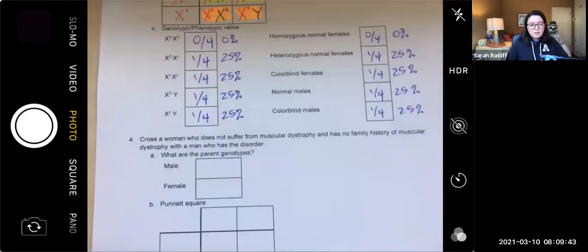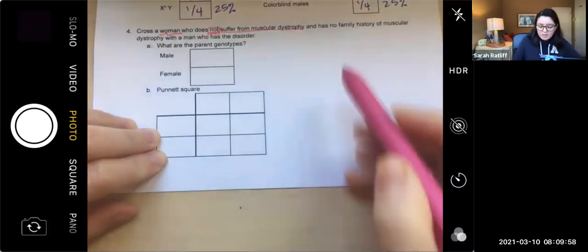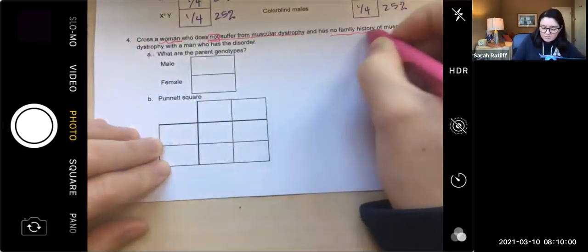All right, we're going to move on to our last one here, number 4. Cross a woman who does not suffer from muscular dystrophy, so not, and has no family history with a man who has the disorder.